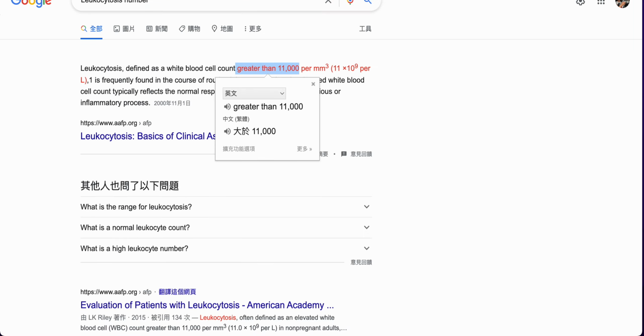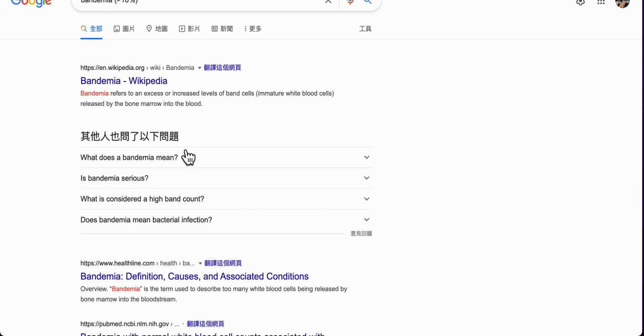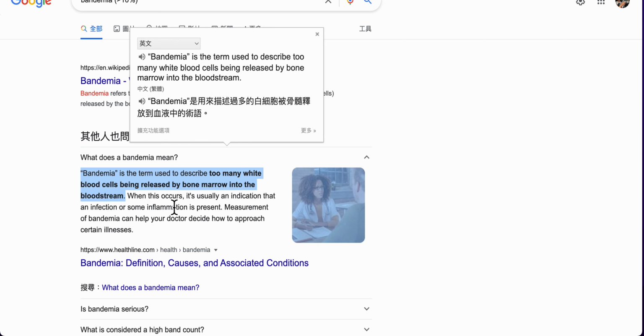Bandemia, 10%. Bandemia is the term used to describe too many white blood cells being released by the bone marrow into the bloodstream.